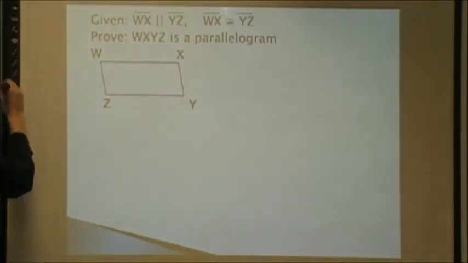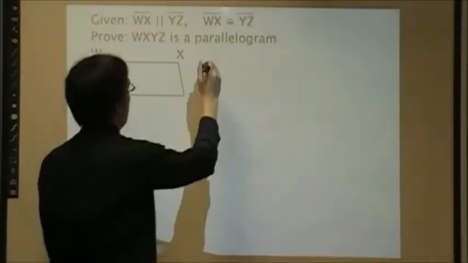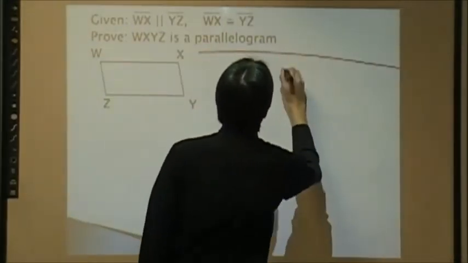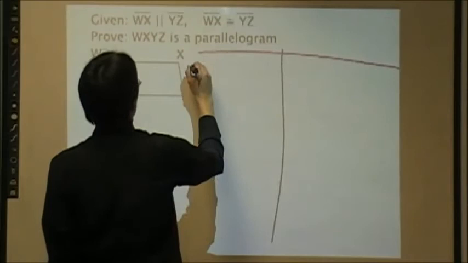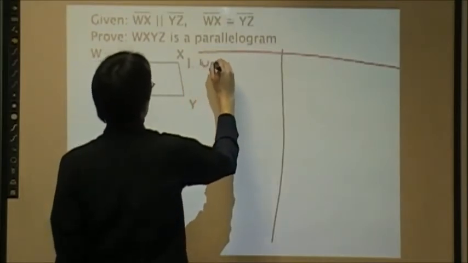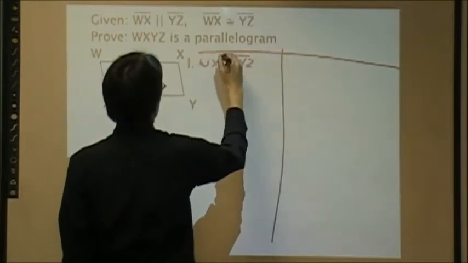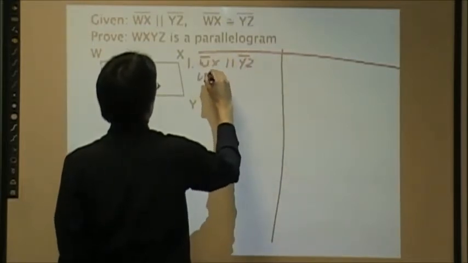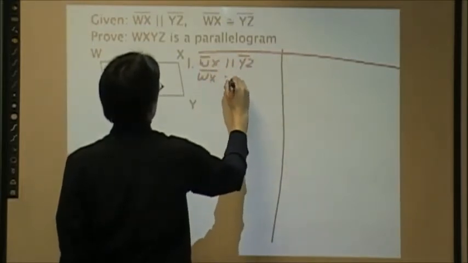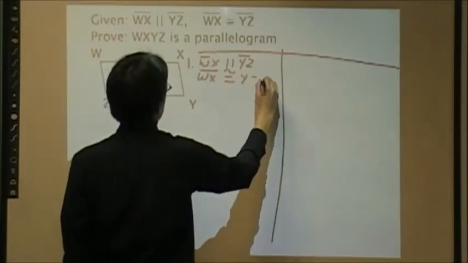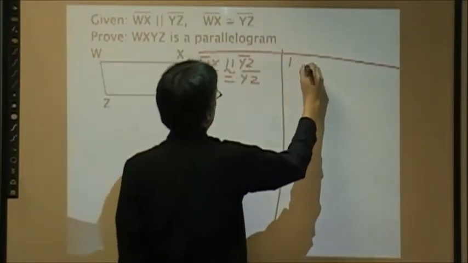So let's do our 2-column proof. 1. WX is parallel to YZ, and WX is congruent to YZ. That's a given.